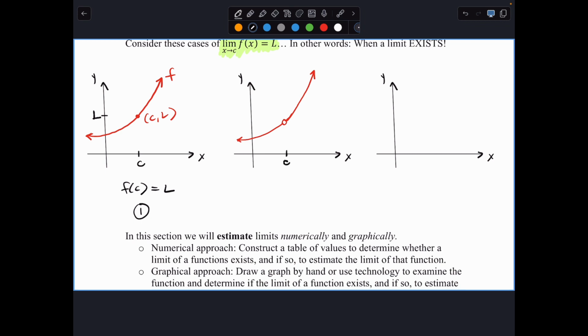Let's say this is still x equals c, this is L, but f of c is some other value. Whenever x is equal to c, f will be equal to f of c, so that point is (c, f of c). Again, an example of this would be a piecewise function.